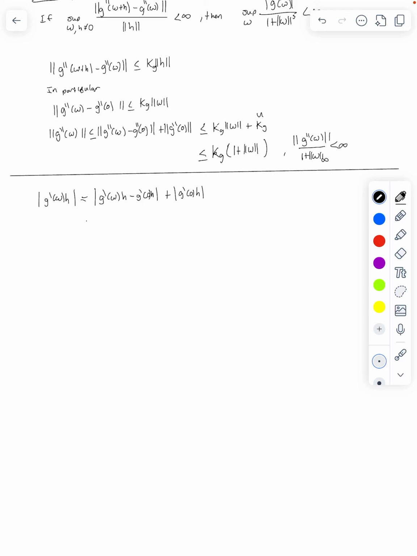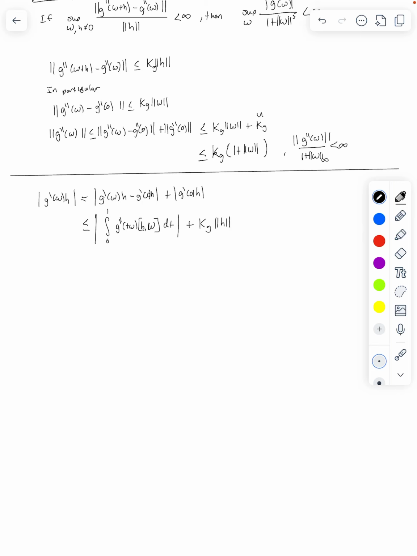Okay, and this is clearly less than or equal to the integral from 0 to 1 of g prime of tw, like this, and then h w dt, plus some constant times the norm of h.